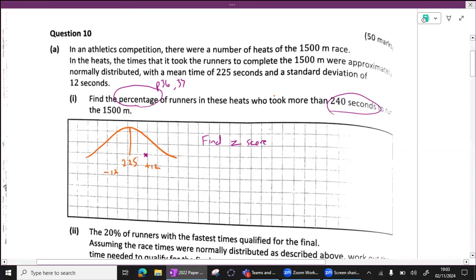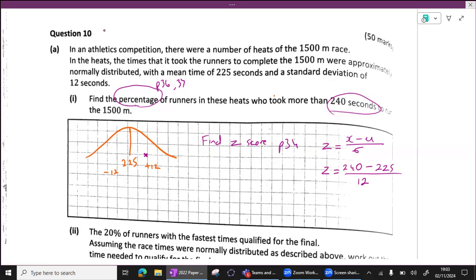Now, how do I find the z-score? Just to recap, the z-score formula is also called the standardizing formula. It's on page 34 of the log tables, and it looks like this: z equals x minus mu over your standard deviation. To get any z-score, you put the particular value you're interested in, which is 240, minus the mean, in this case 225, over the standard deviation, which is 12.